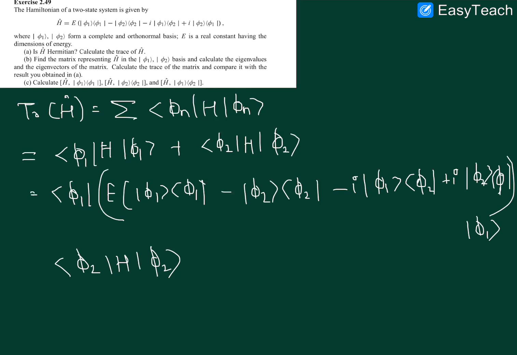From this, when phi 1 is multiplied by phi 1 over here, we get 1. And if we simplify this, we are reduced to E plus phi 2 H phi 2, E minus E, which is 0.